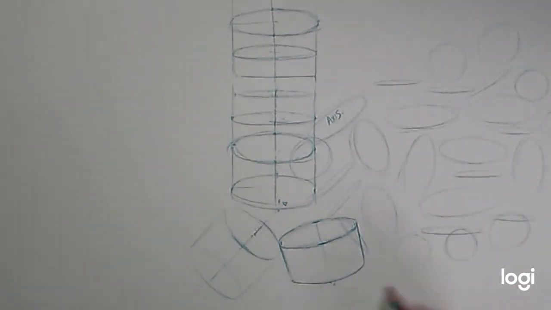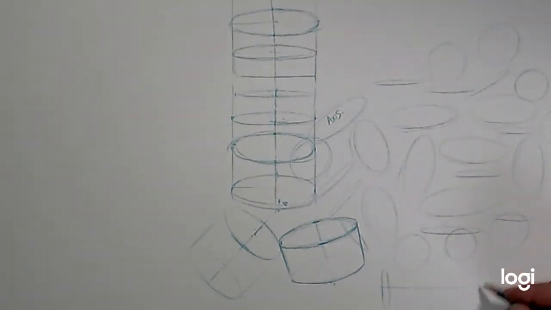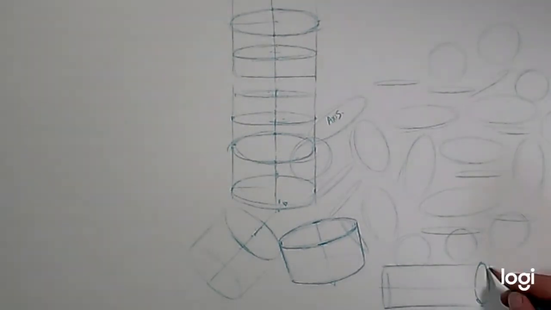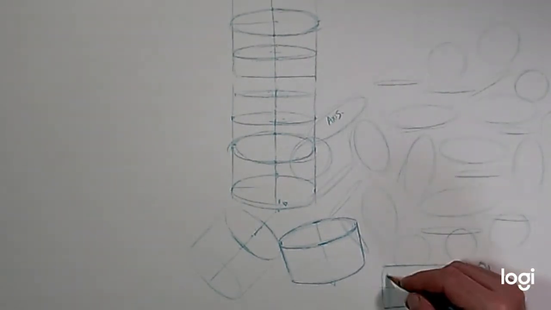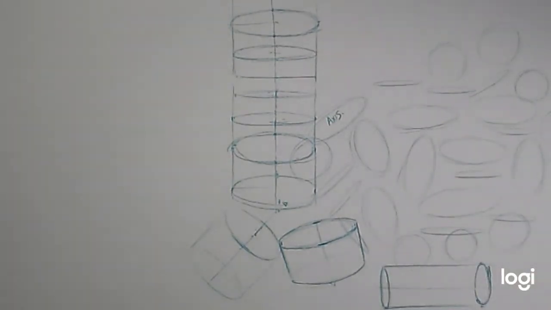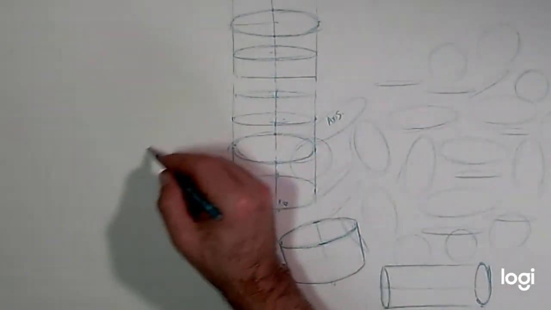Okay, here I'm drawing on this axis. Okay. Any axis you can come up with, you can draw a cylinder on.